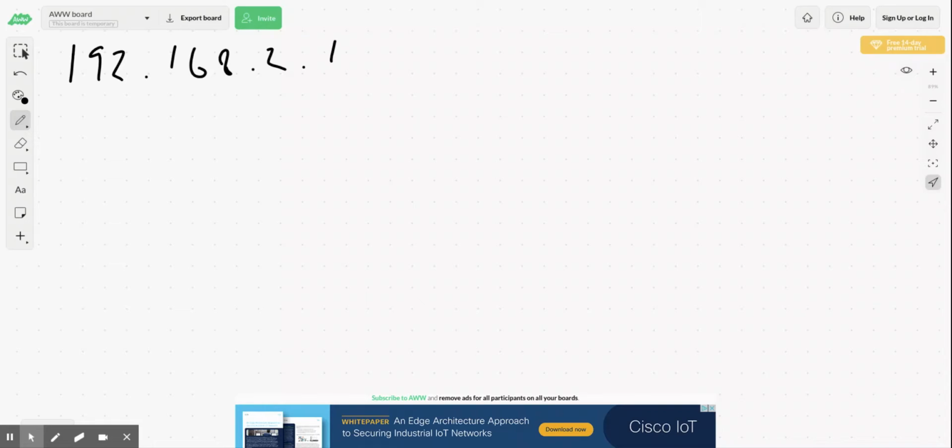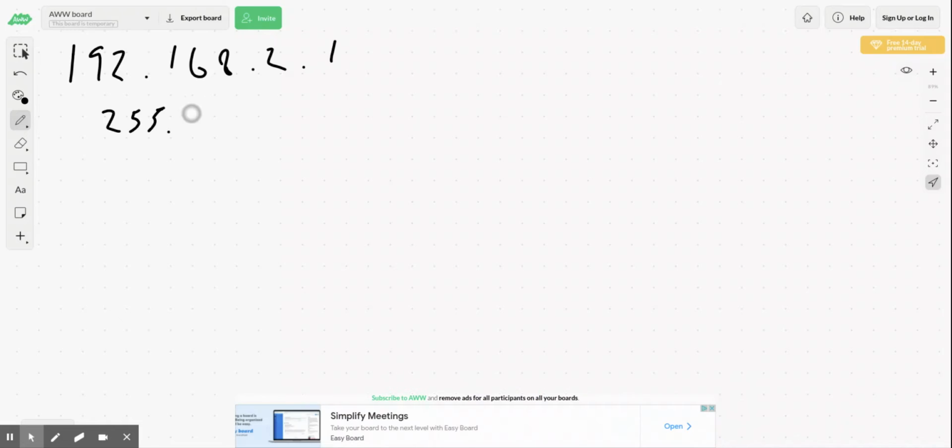What we can look at here is a potential subnet for this, which would be 255, 255, 255, 0.